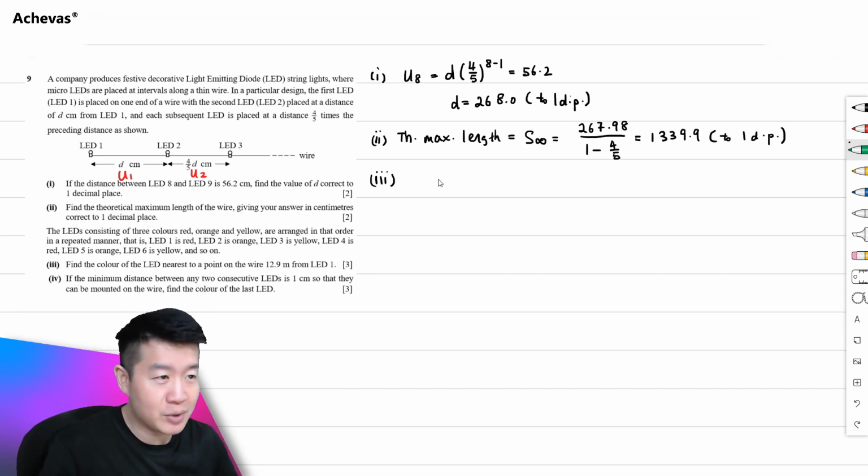For example, I have U1, U2, U3, U4, U5, U6, U7, U8, and let's say one more, U9. It's just so that it is easier for us to understand what this question is saying. So this is supposed to be red, orange, then yellow. It's going to continue red, orange, yellow again, then another round again.